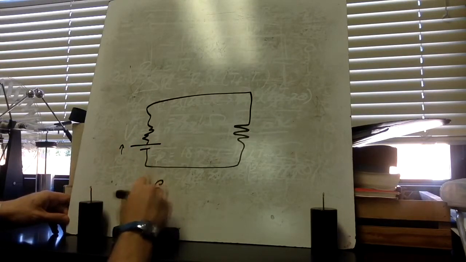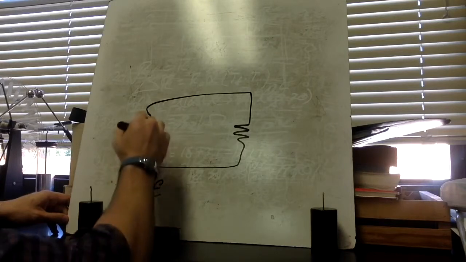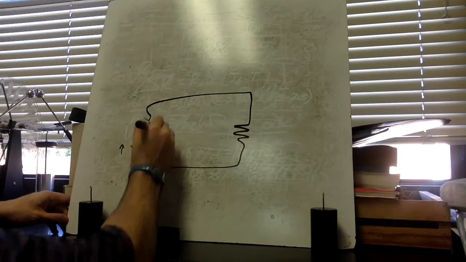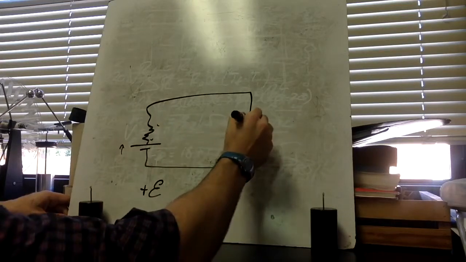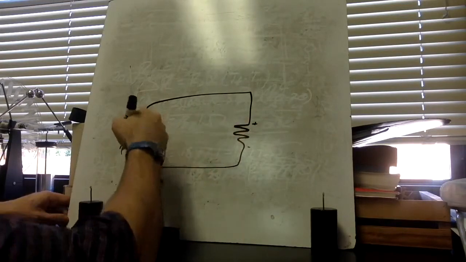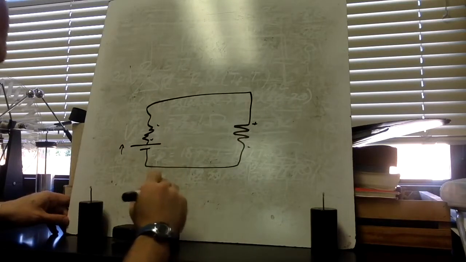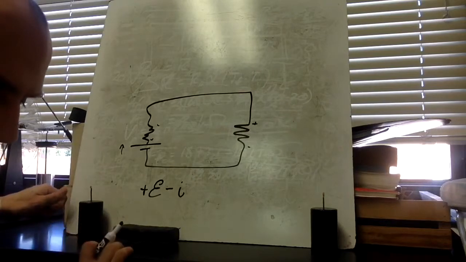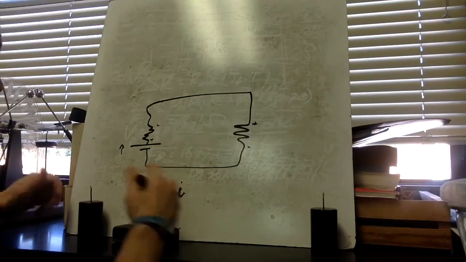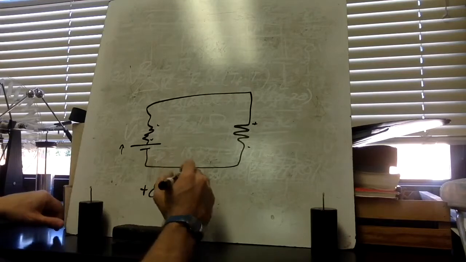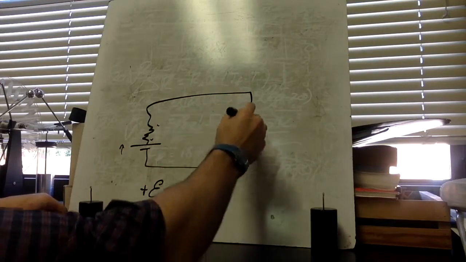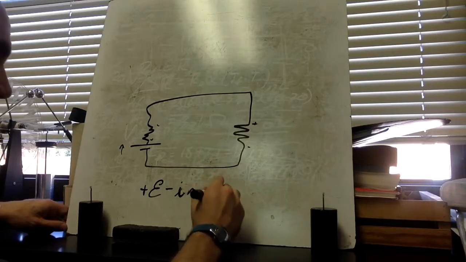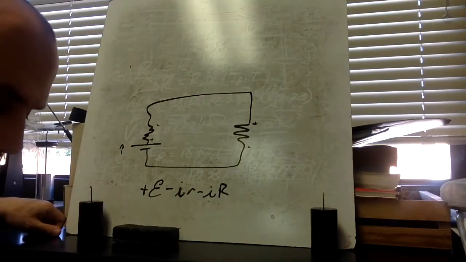So it's plus that EMF, and then now, since I'm going in the direction here, this is plus, this is minus side, so I'm losing potential here, so I'm going to lose this I. I can be lowercase or capital. Usually lowercase is a changing current, but we can do it either way. Times little r, and then here going from plus to minus, I'm losing potential again, so minus, same current though, times big R, and that's it.